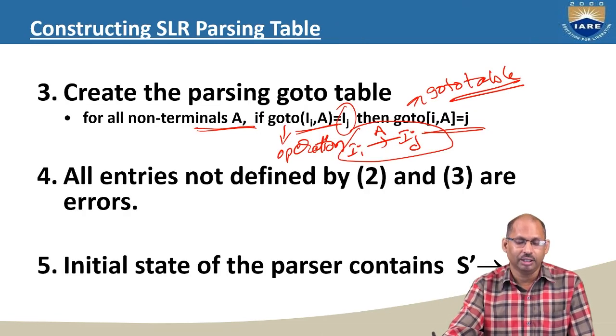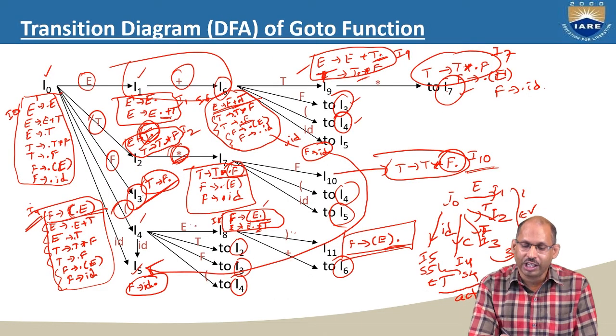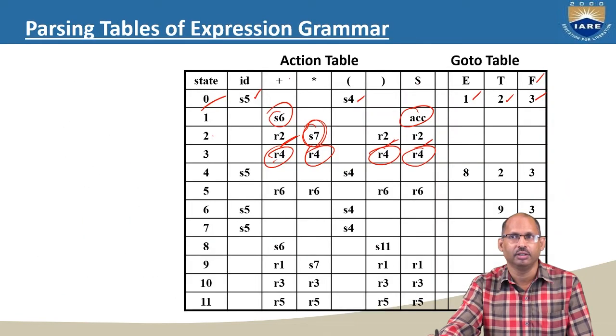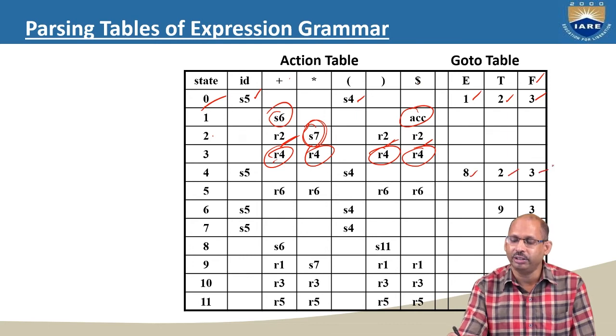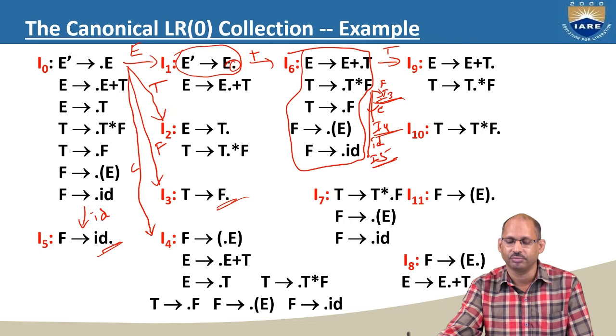Right? Here, state 4 on variables E, T, F is giving 8, 2 and 3. On terminals it is giving 4 and 5. So 8, 2, 3 on variables, and on terminals 4 and 5.